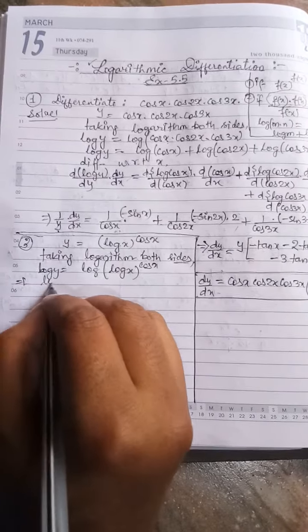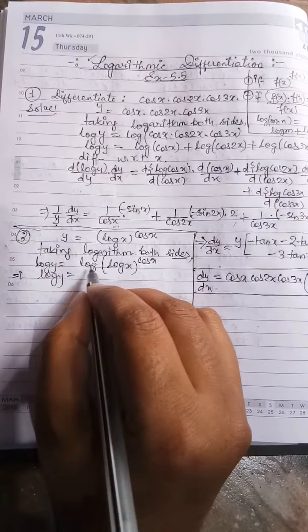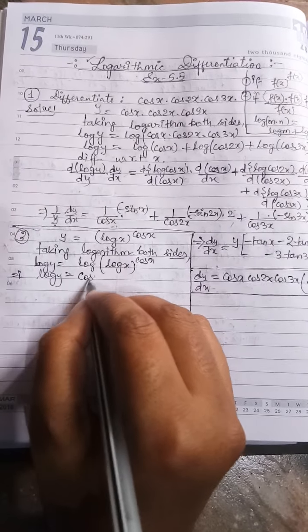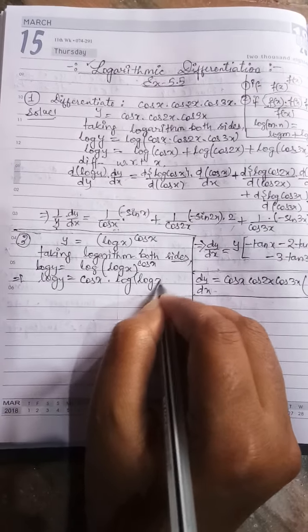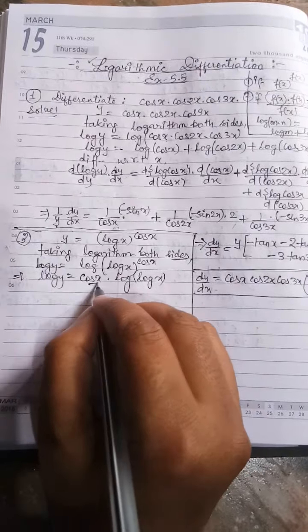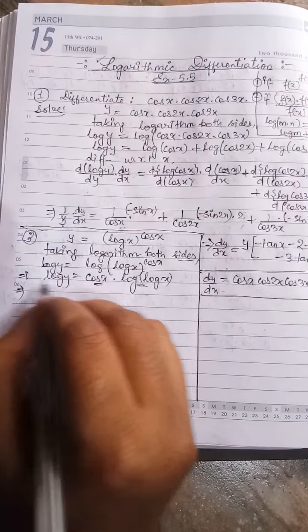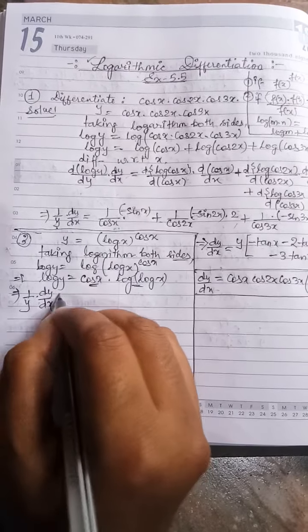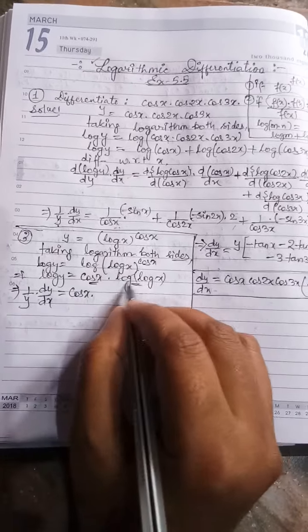Then log y equals, now we have log m to the power n. The formula is n log m. So cos x into log of log x. Now it is in the form of u into v, so I am doing it directly. 1 by y dy by dx equals u into v: u constant, differentiation of v.